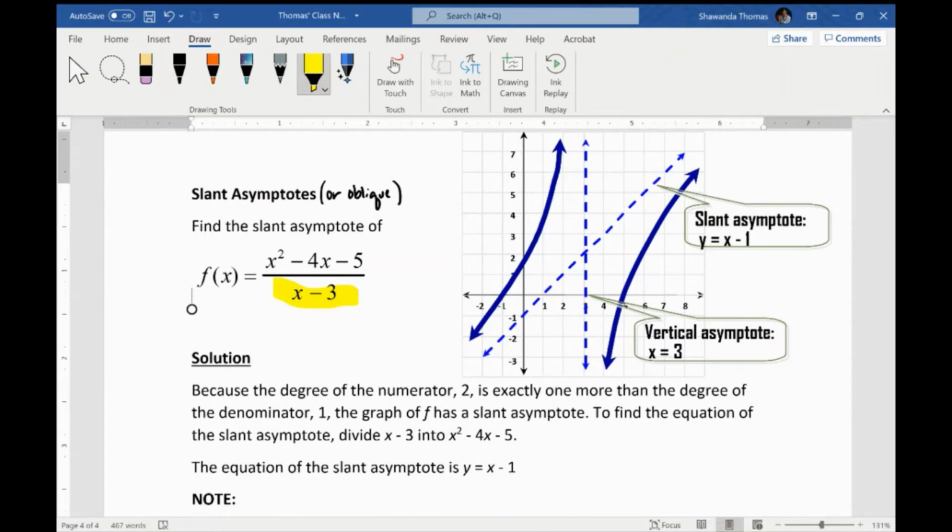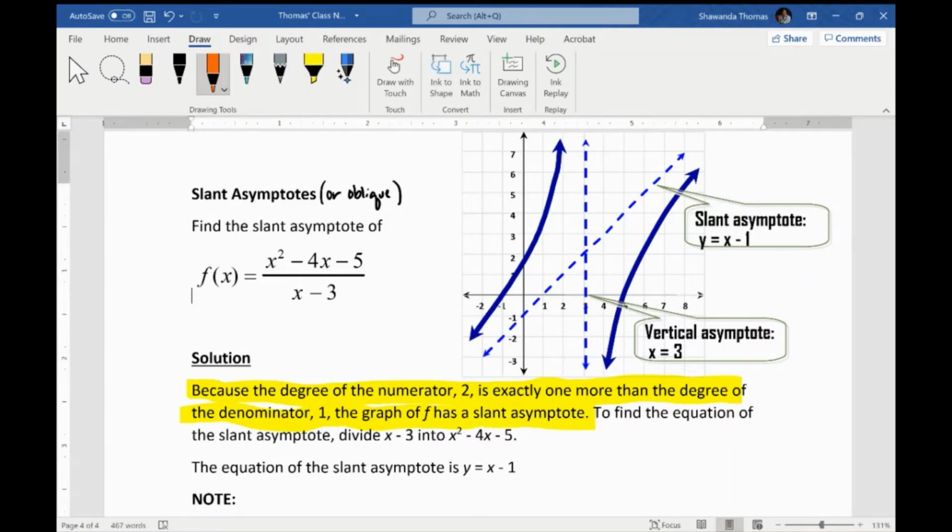Therefore, the degree of the numerator is 1 more than the degree of the denominator. Because the degree of the numerator is 2, exactly 1 more than the degree of the denominator, the graph of f has a slant asymptote.